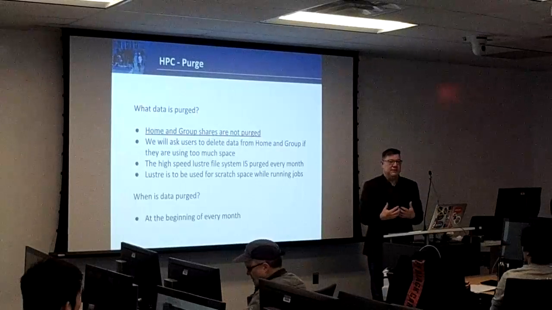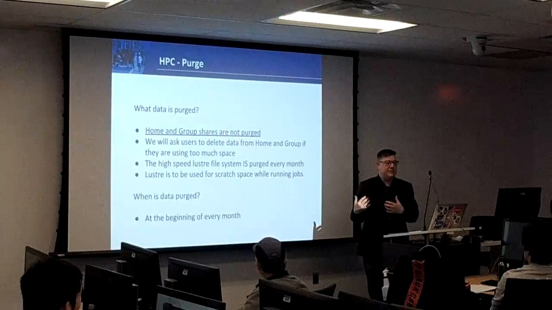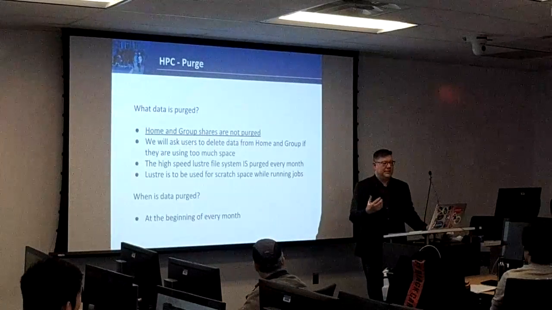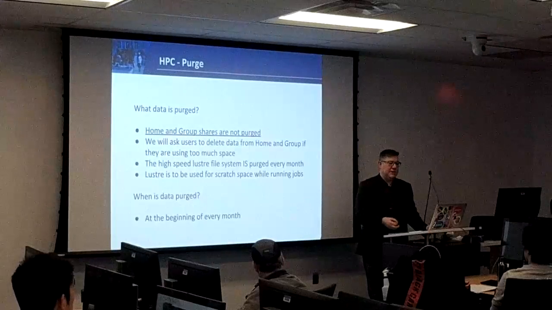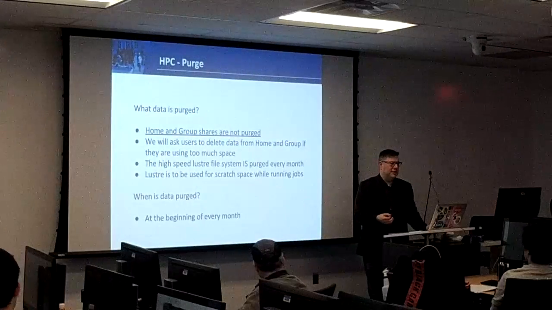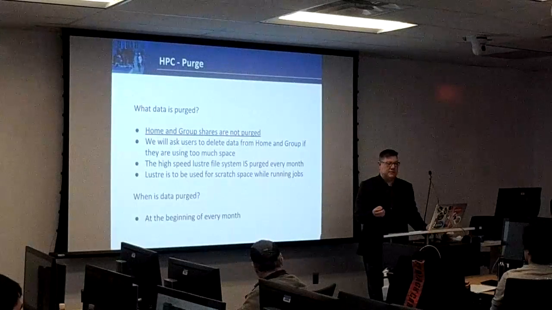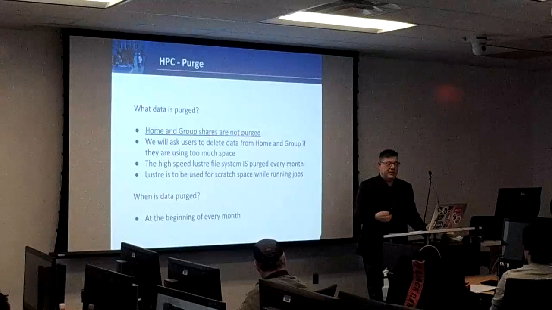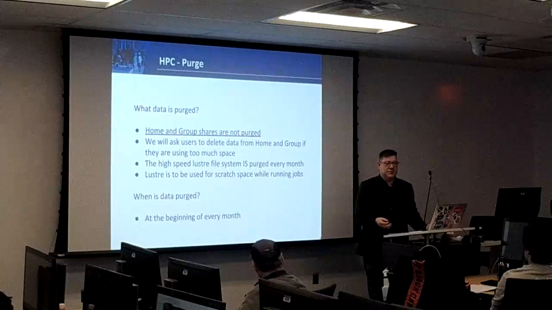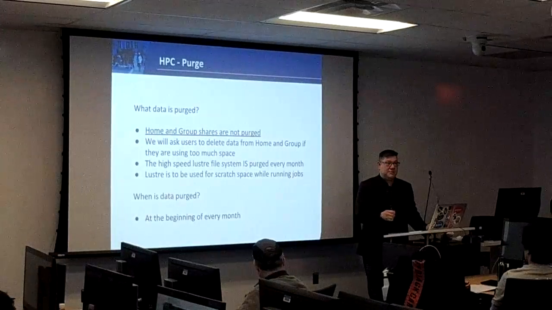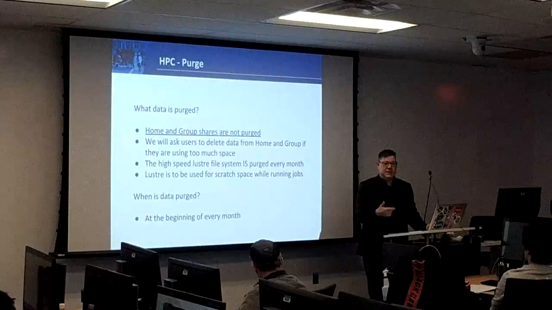And the reason we do it is because if Luster fills up or NFS and group fill up, the cluster stops. Other people's jobs stop. Luster did actually fill up about 2 years ago. It was inadvertent. Somebody wrote a bad job, but they wrote out 88 terabytes of data in less than 14 hours. And that's an extraordinary amount of data, and we could not delete it fast enough, 1, to stop the job, and 2, to keep the cluster from going down.